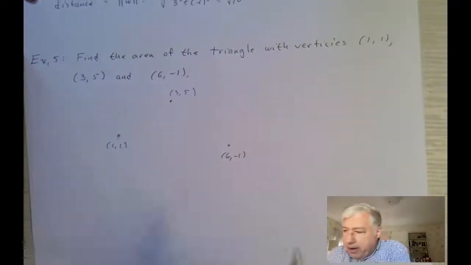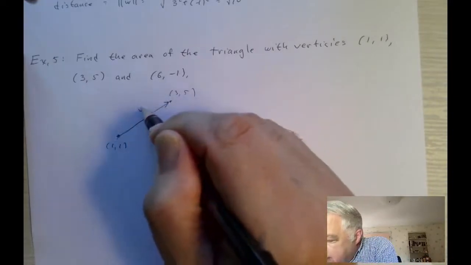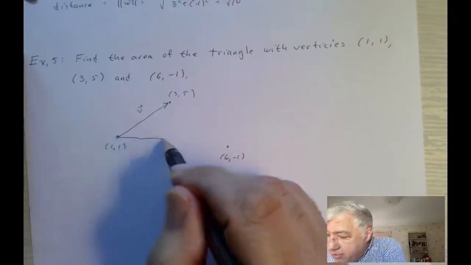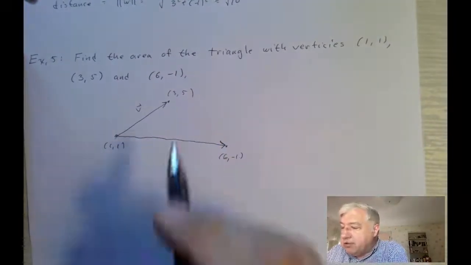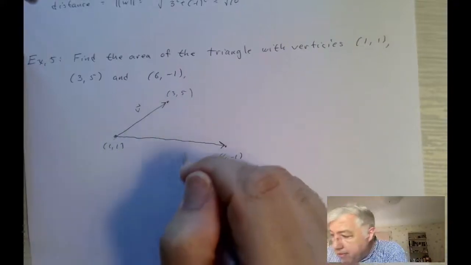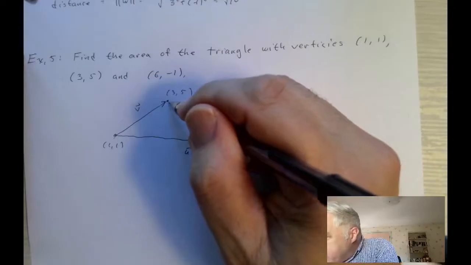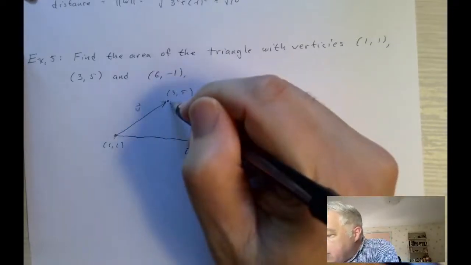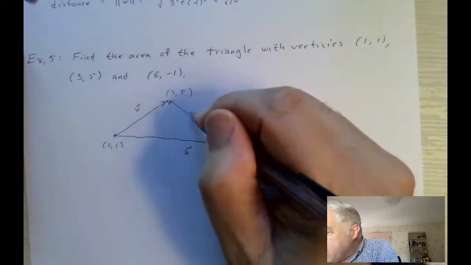All right, I'm going to draw a vector connecting these 2 points. I'm going to call that v. I'm going to draw another vector connecting these 2 points, and I'm going to call that u. Okay, and then of course if we wanted to, we could complete this. This I guess would be v minus u.